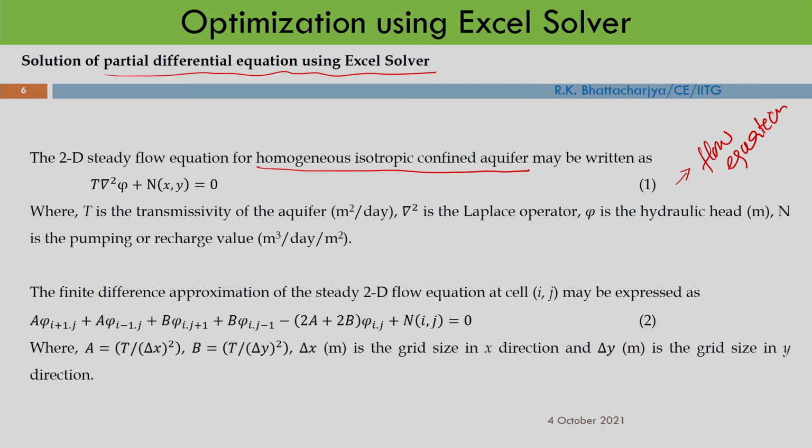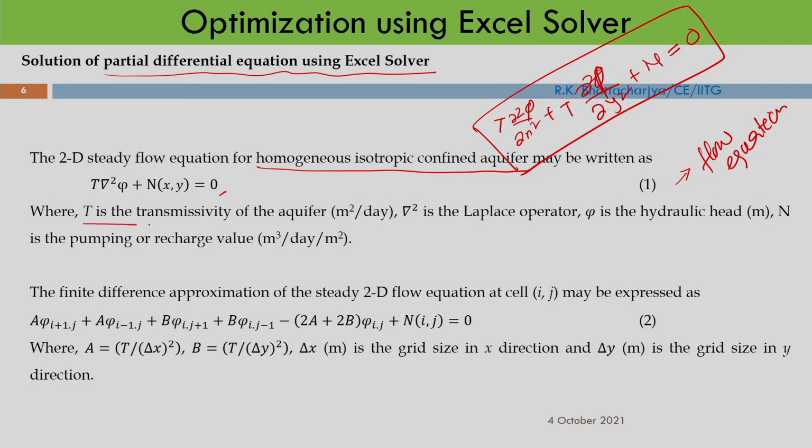Okay. So this is the equation here. This equation is T del square phi by del x square plus T del square phi by del y square plus N. This is the source term, and this is equal to 0. I would like to solve this equation using Excel solver.